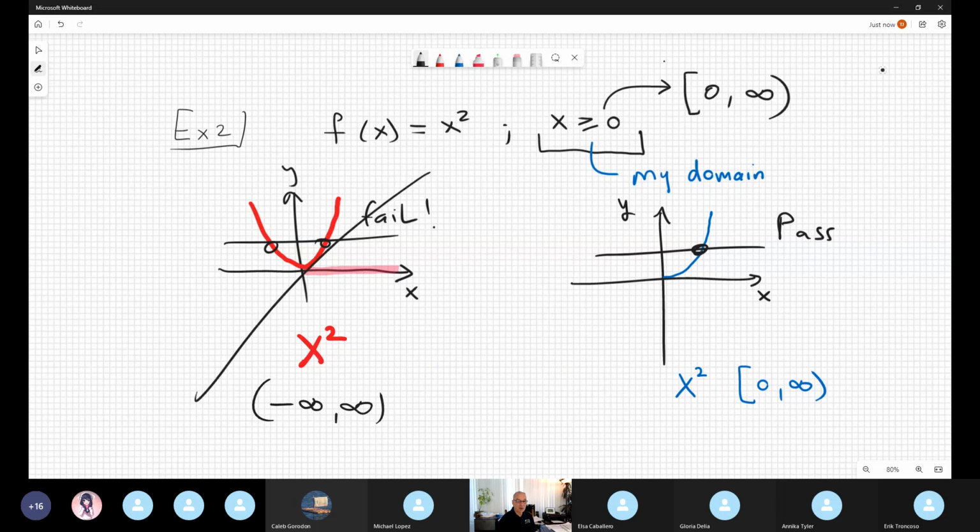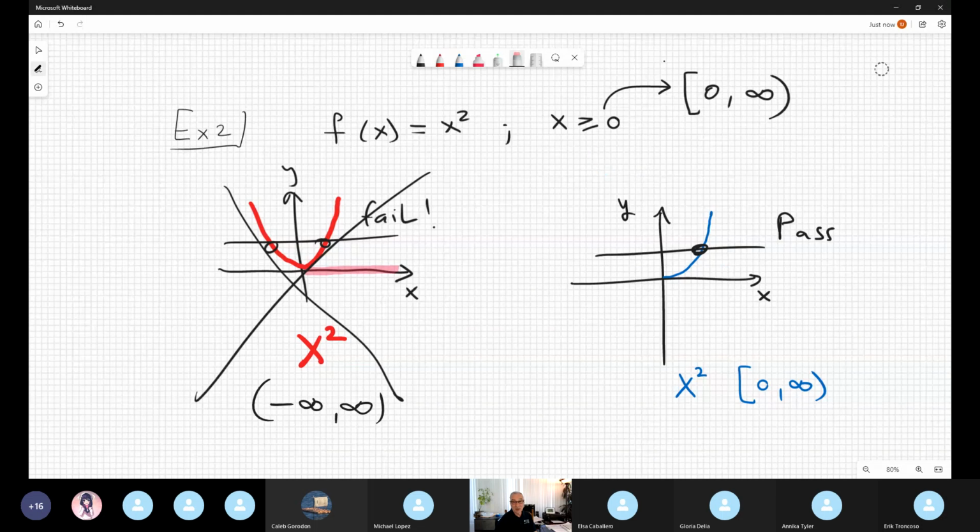Okay, but forget about that. Do you understand now what is the reason? In some problems, not in all of them, but in some, the specification after the semicolon, the restriction, is the new domain.